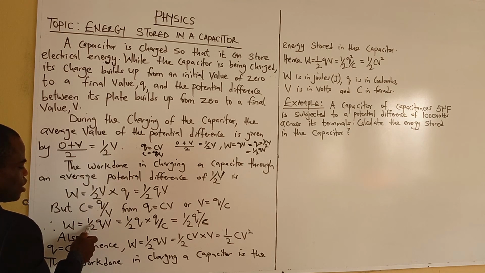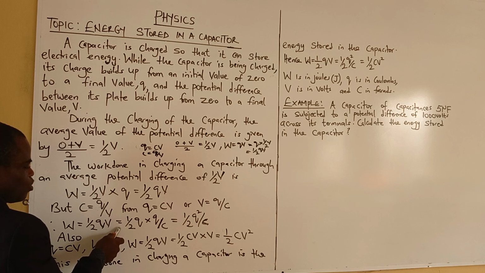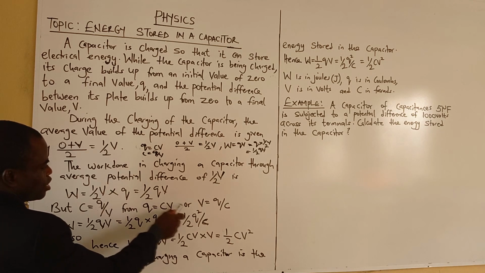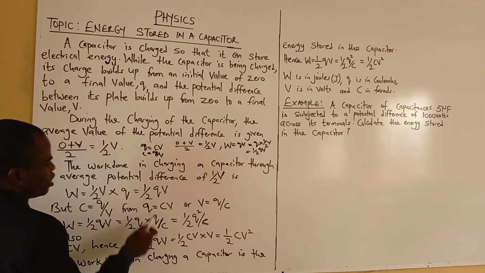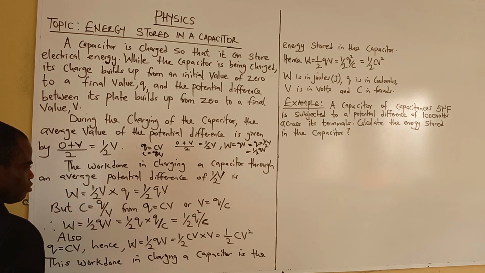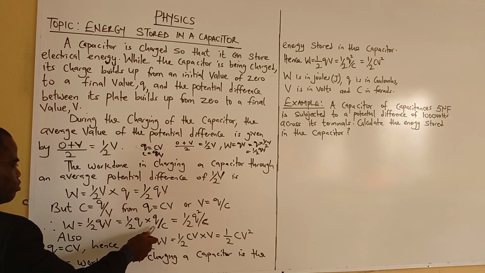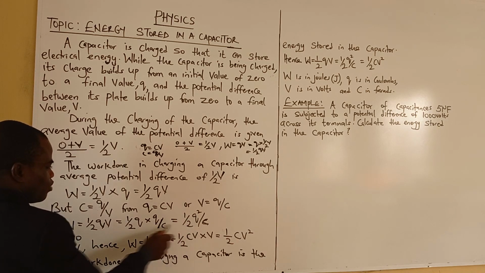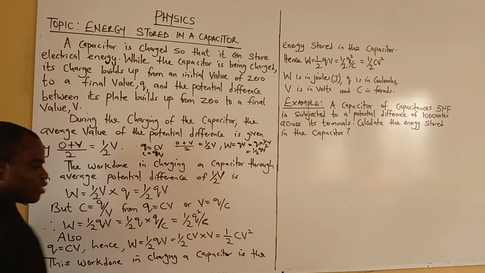Instead of putting V, you replace it with Q over C, since you know the general formula Q equals CV. From there, when you replace it, Q times Q, that's Q squared over C, half Q squared over C.